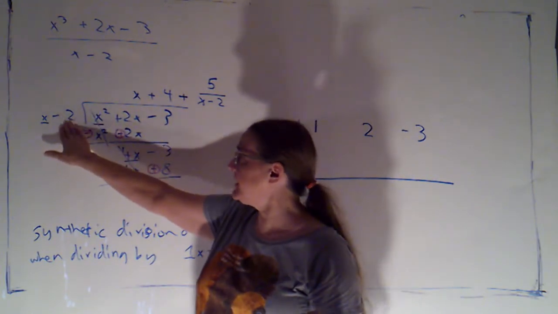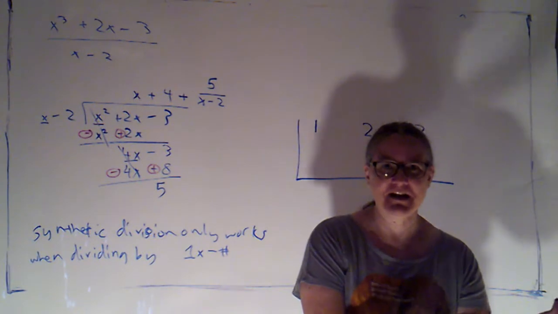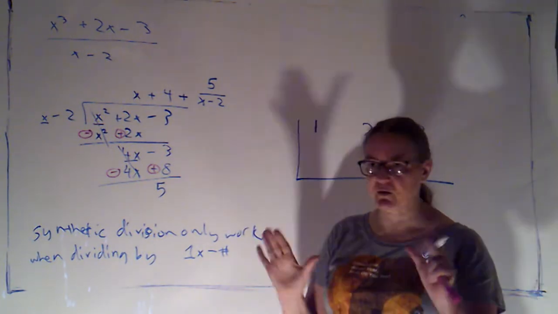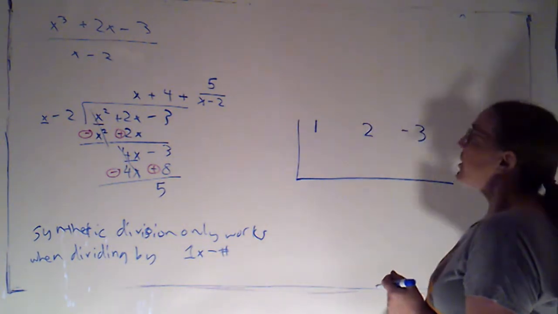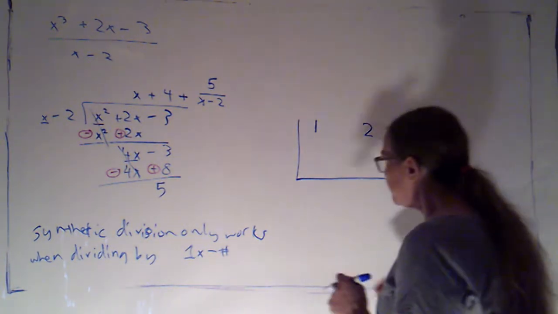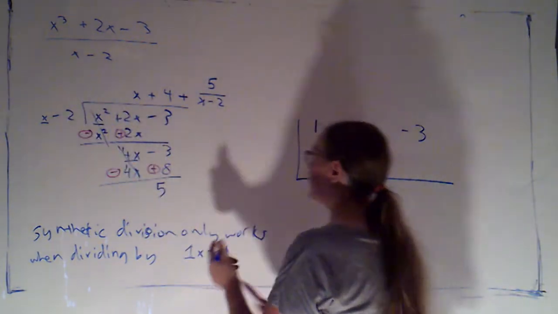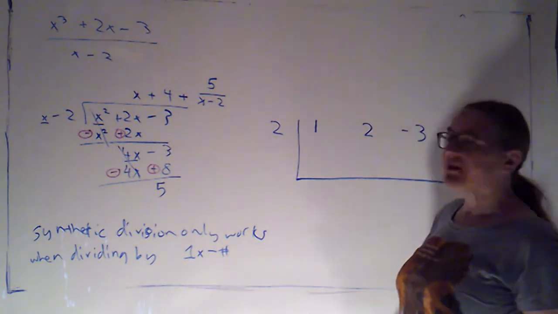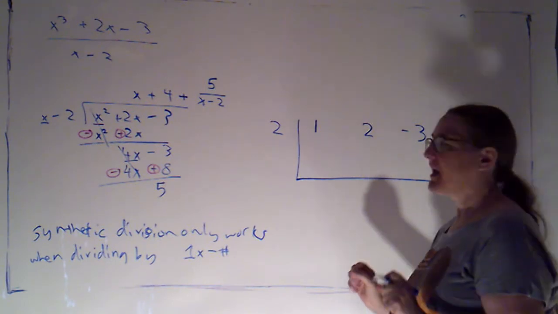Now, we've seen plenty of times that if I'm adding something, I can view that as subtracting a negative. So if I had x plus 2, I'd just view that as x minus negative 2, and we'd be totally fine. Okay, so what we're going to do is take the number that we're subtracting and write it out here. Essentially what I've done is I've pre-changed the sign.